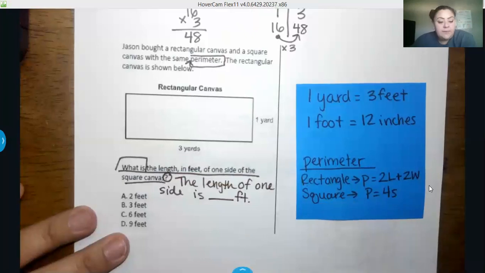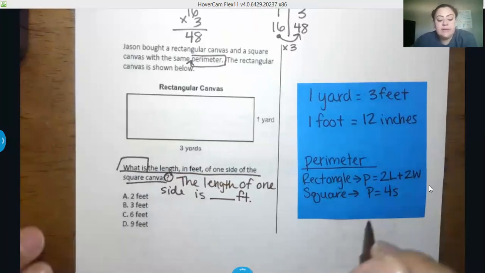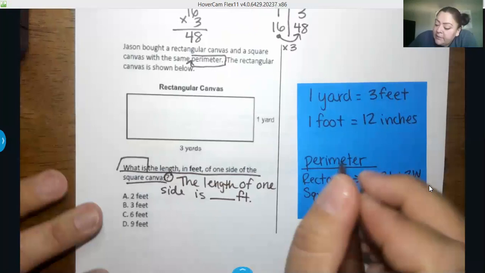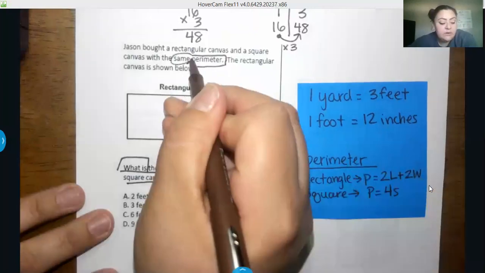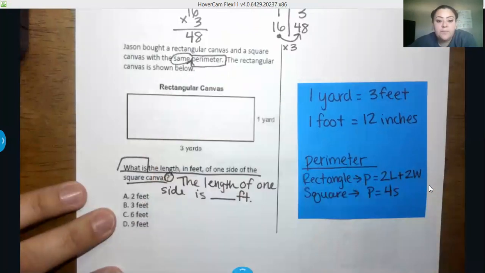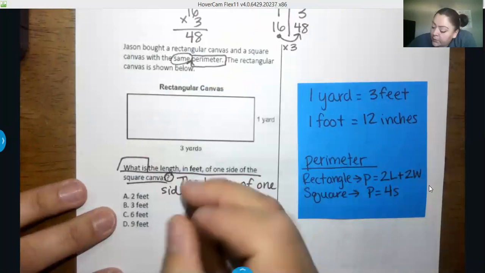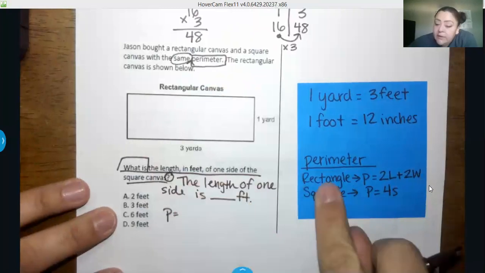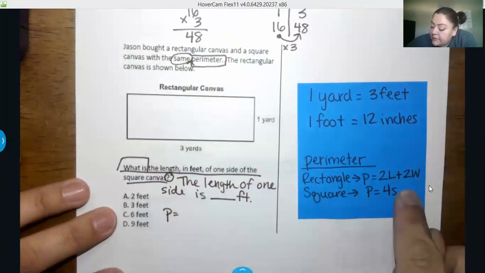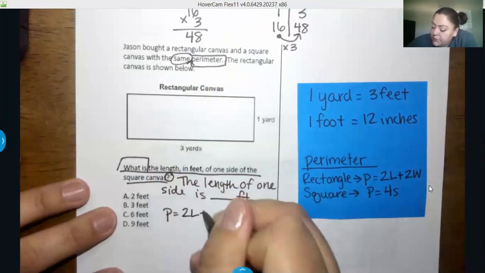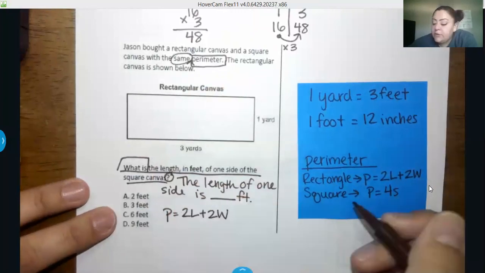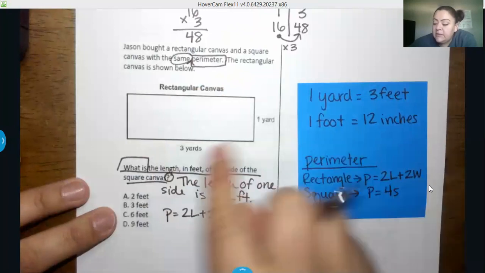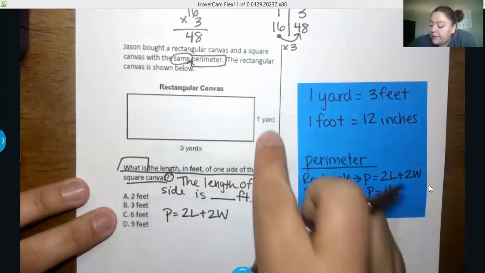All right, beautiful. So we're going to go back through and look. What I'm going to do is start us off with our formulas. So perimeter of a rectangle, if I look over here, is 2L plus 2W. So I have my two measurements here, so I'm going to go ahead and plug in what I know.